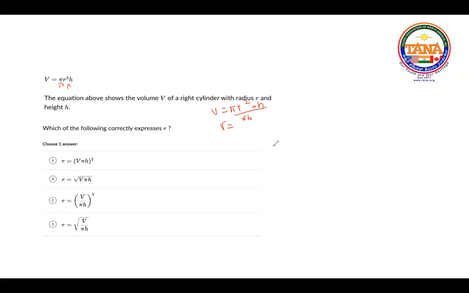So you have r squared equals v divided by pi times h, because both sides have to be divided, and these two get canceled out. And then you do r equals square root of v over pi h, because that's how you get rid of the square. So this and this get canceled out, and you're left with this. And our answer in that case would be D.